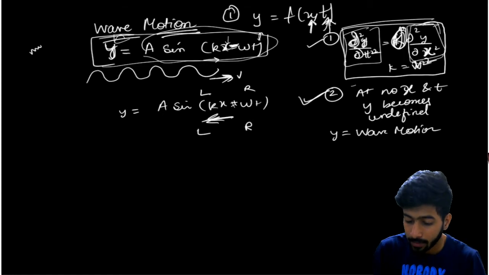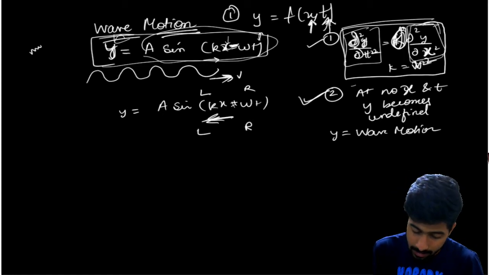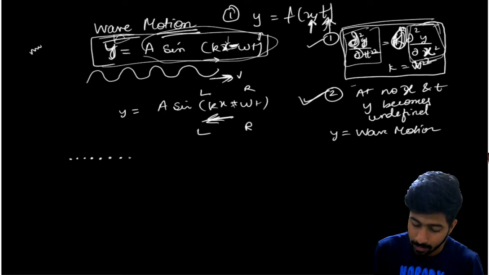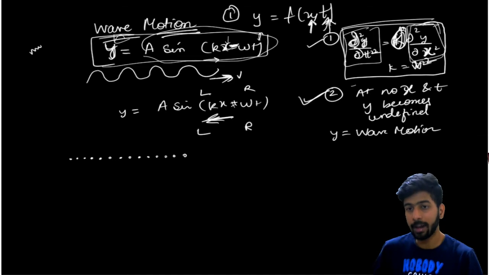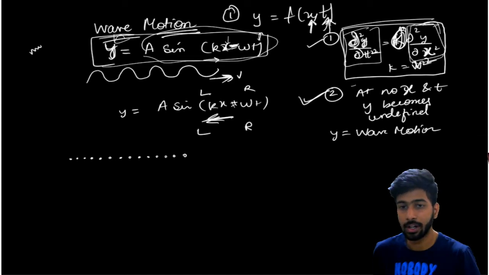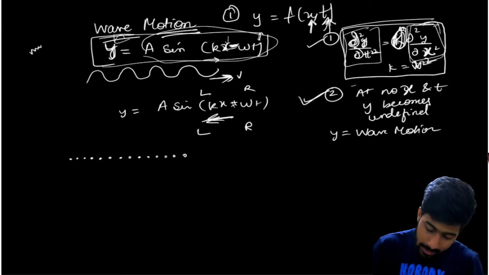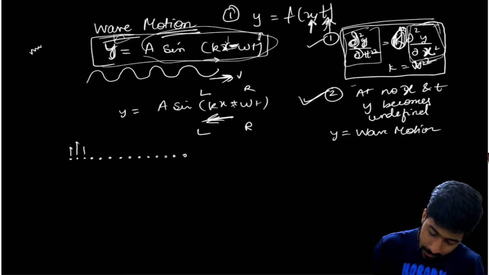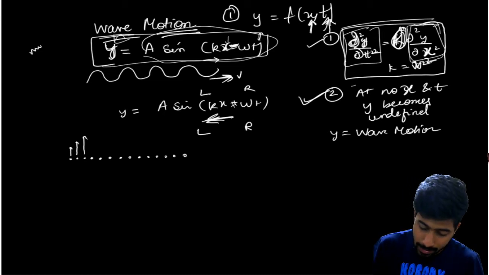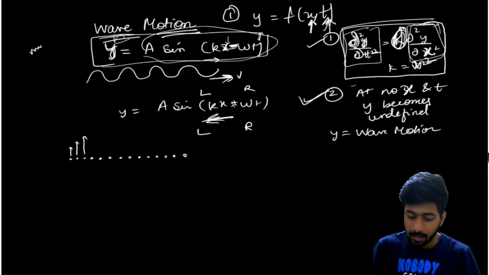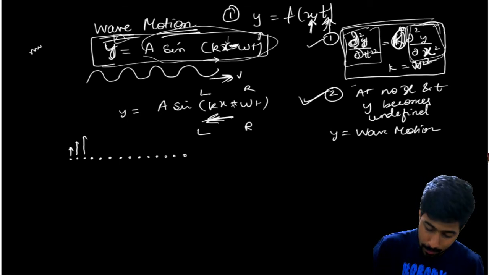So there are particles in the medium, air particles or whatever the medium is. Let's look at air, for example. What's happening is these particles are oscillating along the y direction. Right now this particle has this much velocity, and its position is somewhere here.